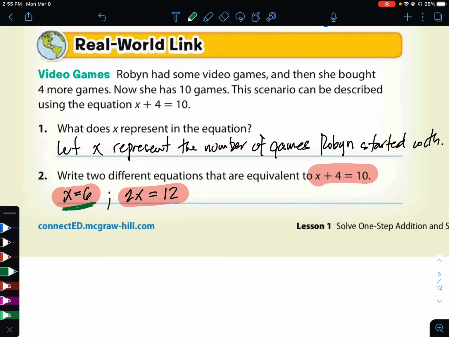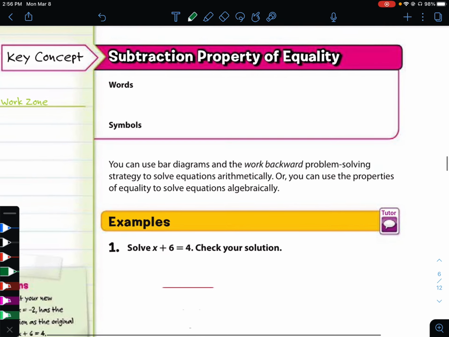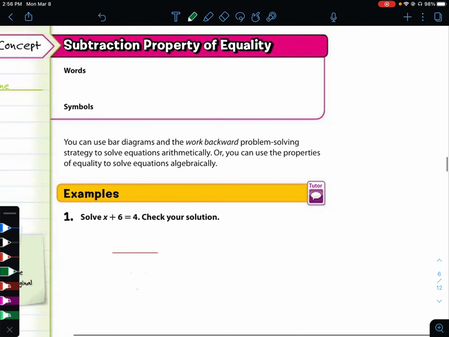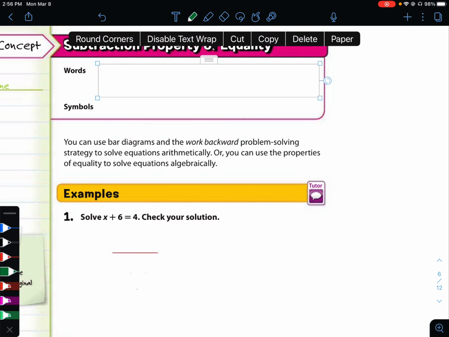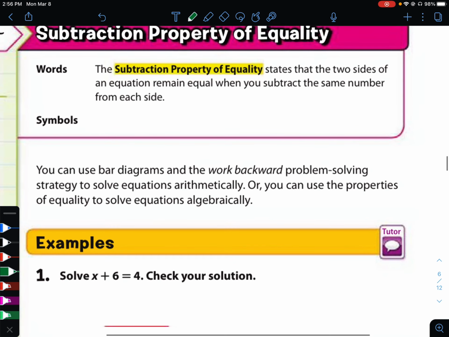All right, let's talk about one property of equality. There are 4 properties of equality that we'll be discussing in the next 2 lessons. In this case, we'll be describing the subtraction property of equality. What does the subtraction property of equality state? In words, the subtraction property of equality states that 2 sides of the equation remain equal when you subtract the same number from each side.